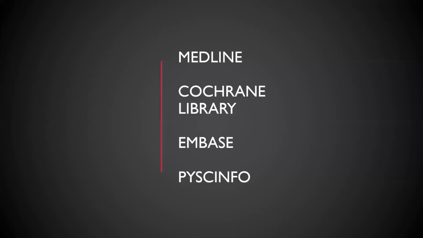And then we'll go deep into the databases which are so familiar in the social science and medical science fields: Medline, Cochrane Library, Embase, CINAHL, and PsycINFO, and the rest.